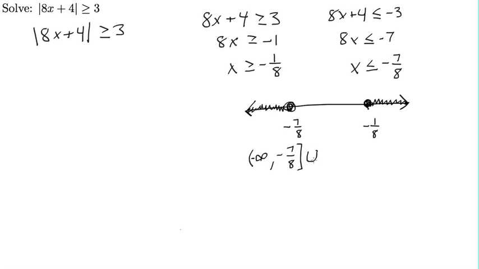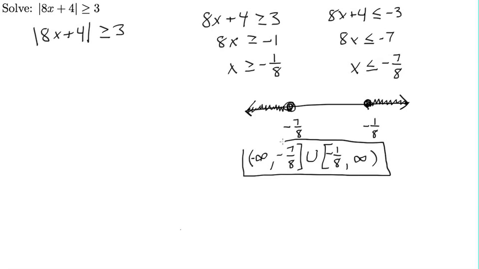This will always be the union if we have two different regions. In this second region, our left bound is negative 1/8. We are allowed to equal negative 1/8, so we'll use a closed bracket. And then again, we aren't specified a right bound, so we're going to put infinity with an open bracket. So here is our solution to this absolute value inequality.